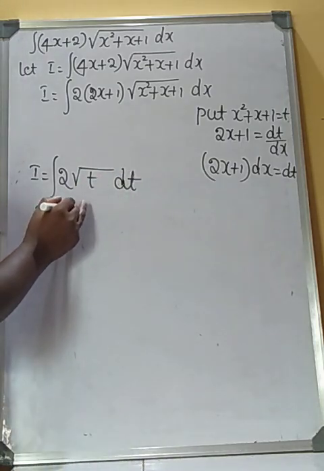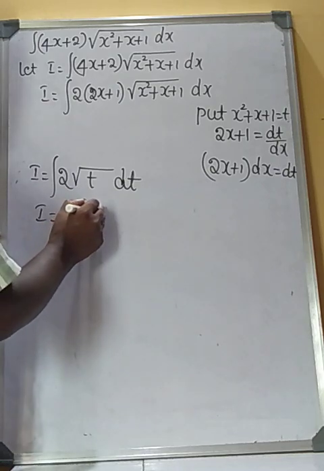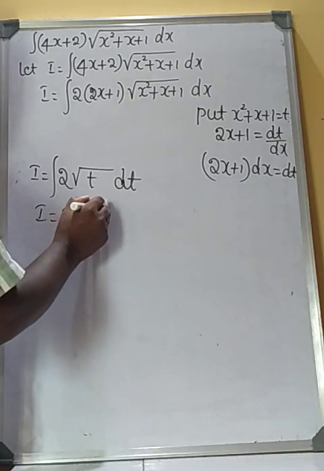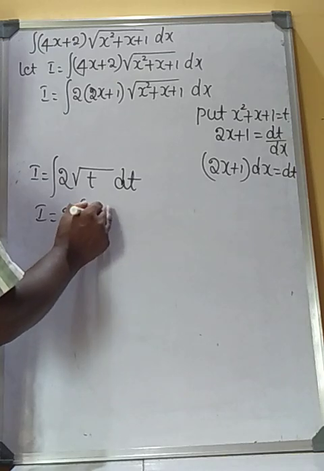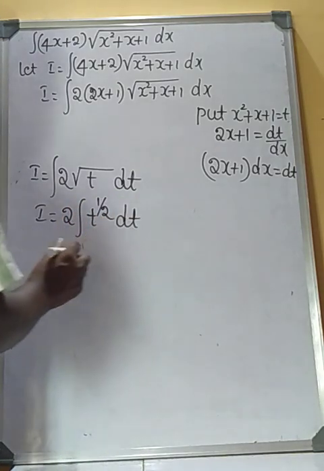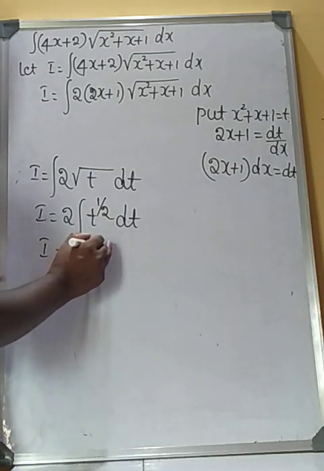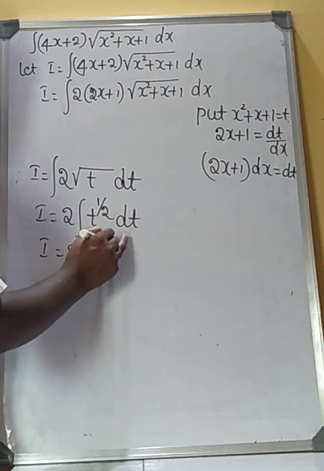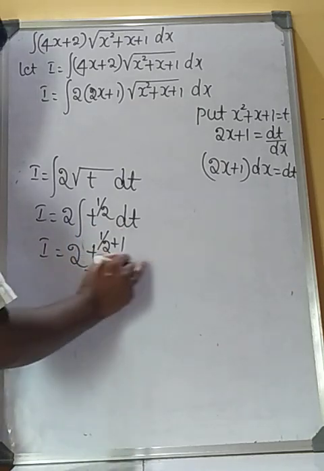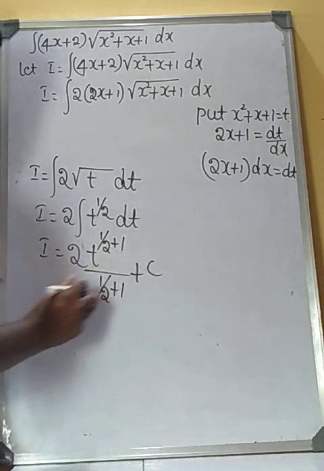Therefore, I is equal to 2, taking the constant outside, integral of root t, that is t power 1 by 2, into dt. Therefore, I is equal to 2 into t power 1 by 2 plus 1, divided by 1 by 2 plus 1, plus c.